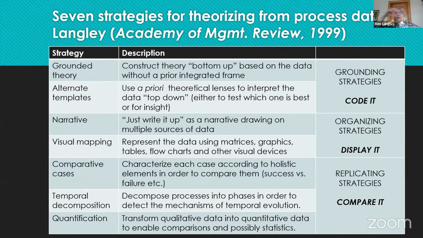If you do it with more than one, that enables you to see which one fits best. So I see these two as opposites of one another: theorizing from the bottom up, theorizing from the top down. And we're going to talk about those first.